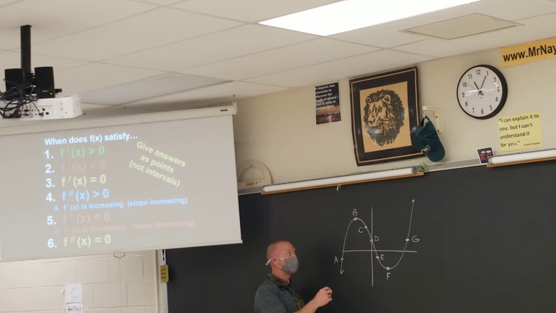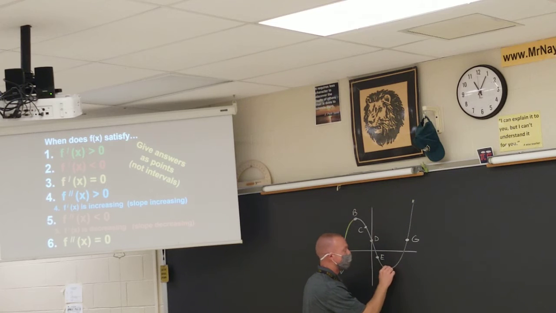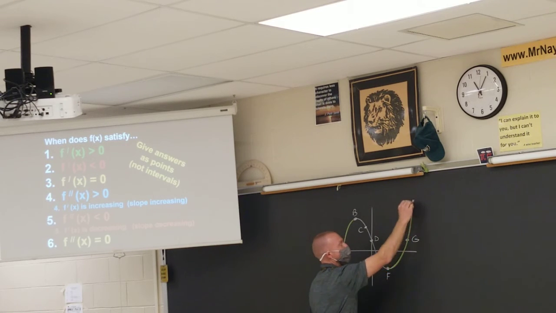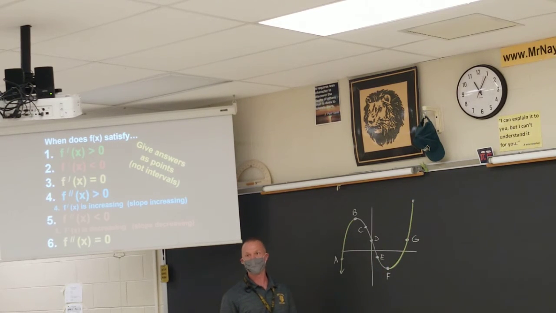It also means you're going up on your graph, but all those are the same thing. So these sections both represent positive slopes, because the derivative is greater than zero. Actually, because the tangent line is tilted in a positive way.